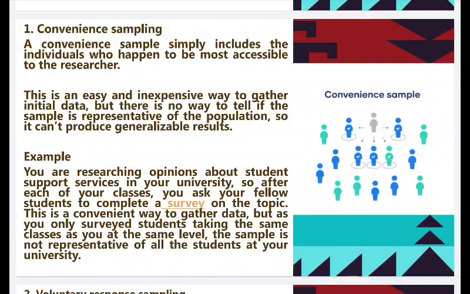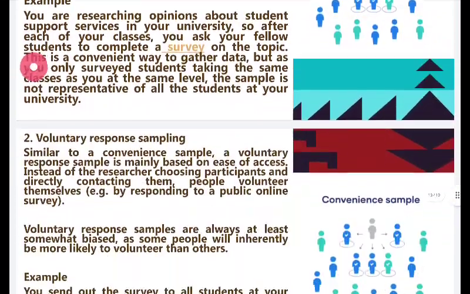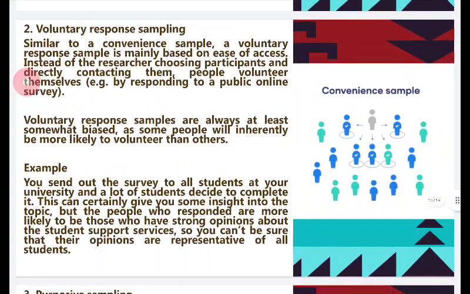So after each of your classes, you ask your fellow students to complete a survey on the topic. So, convenient lang po, okay? Kakilala, ganon, okay? This is a convenient way to gather data, but as you only observe students taking the same classes as you at the same level, the sample is not representative of all students at your university. Okay? Ganon yung nangyayari.